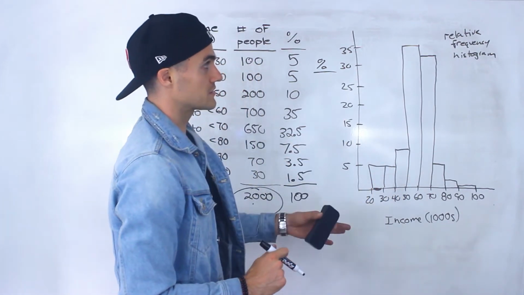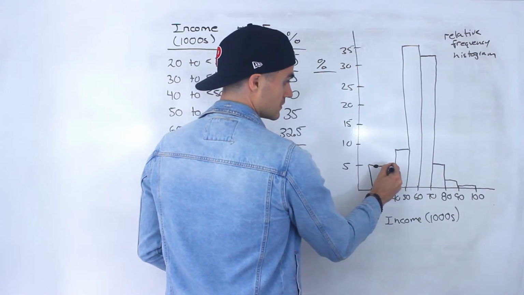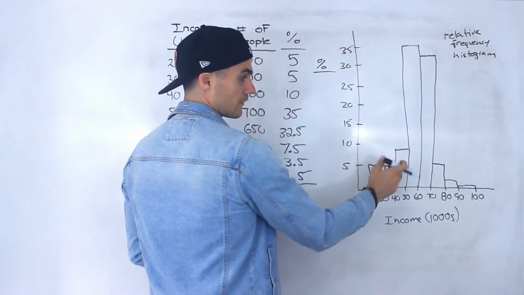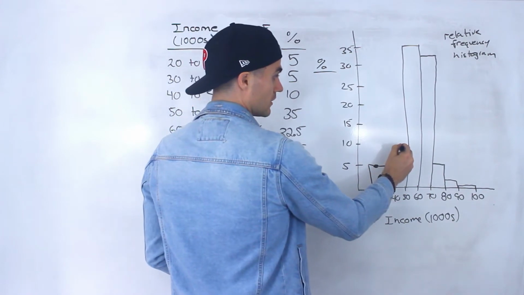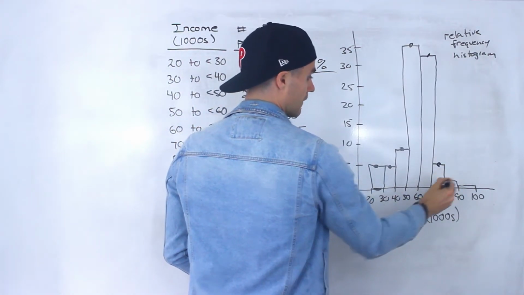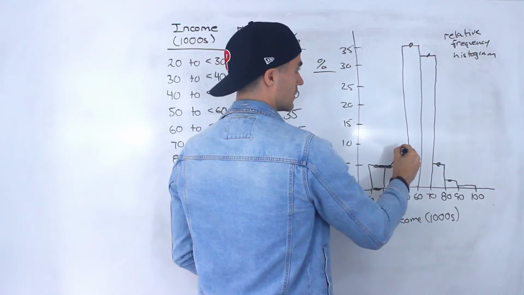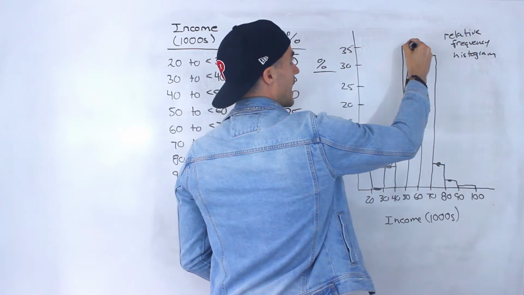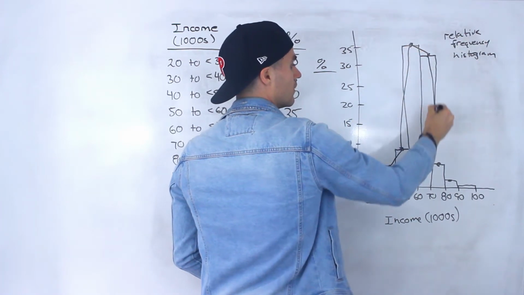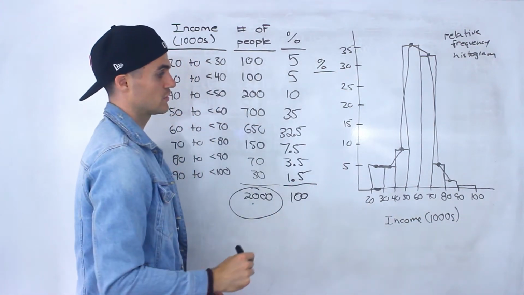Now to create a relative frequency polygon, what we do is we put dots in the middle on the top of each bar. So here, here, here, here, here, and there. And then what we do is we connect them. So notice that there are more dots now to connect than previously.